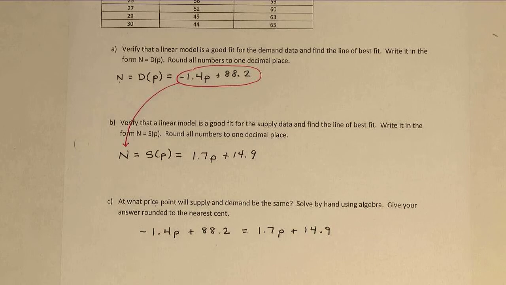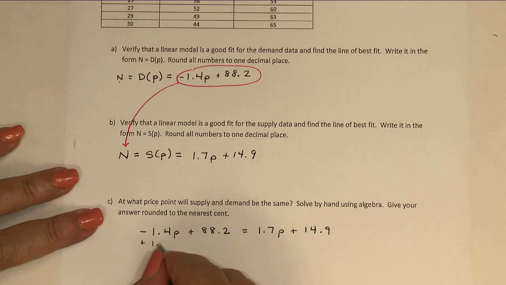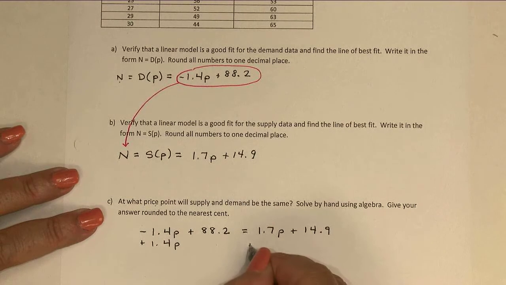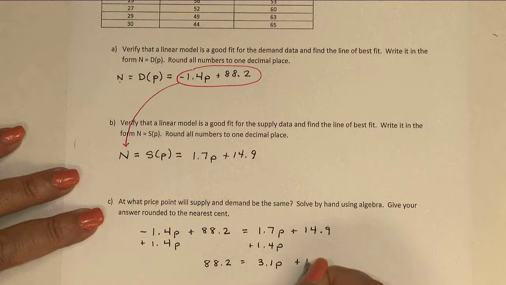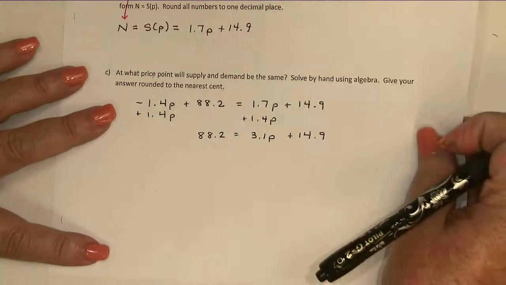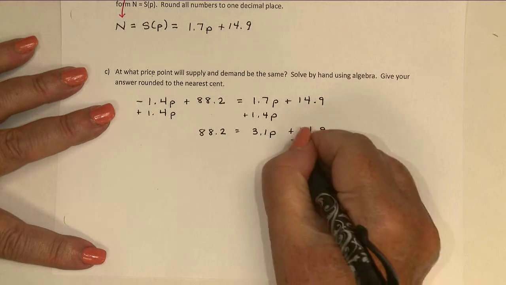All right, let's go ahead and solve this. I'm going to start by adding the 1.4p to both sides. And let's subtract the 14.9.